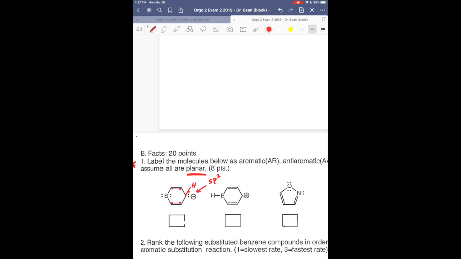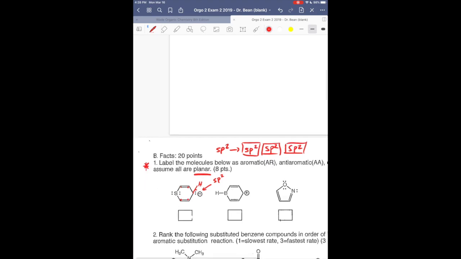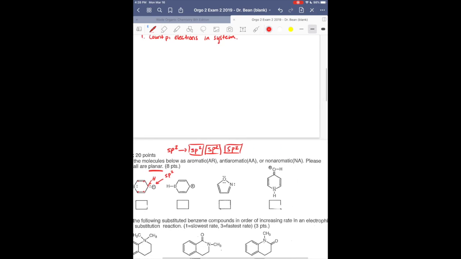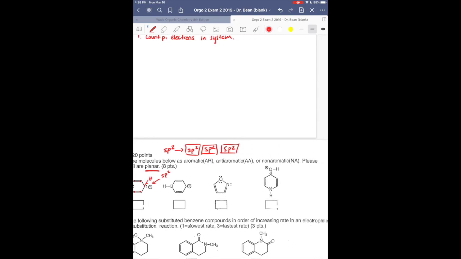Remember, when we have an sp2 hybridized atom, we have three sp2 hybridized orbitals, and in addition to that, we're going to have an unhybridized p orbital.